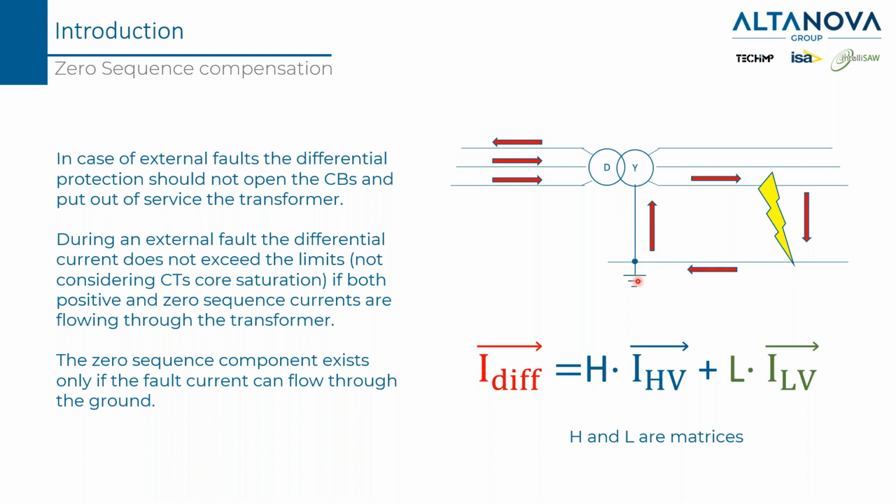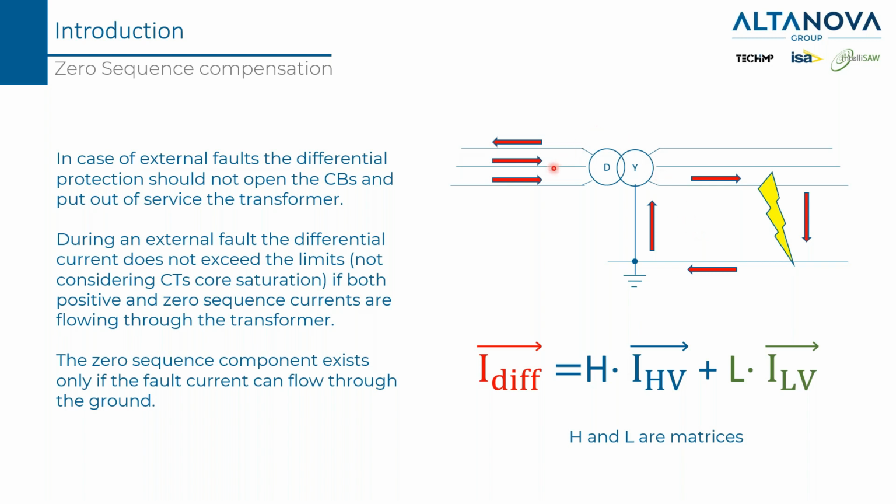If this is the case, and if there is a single phase to ground fault, there is a current that is flowing into this loop, in particular flowing also into the neutral, and this is a zero sequence current, basically. So this brings a zero sequence current that is not equal to 0.